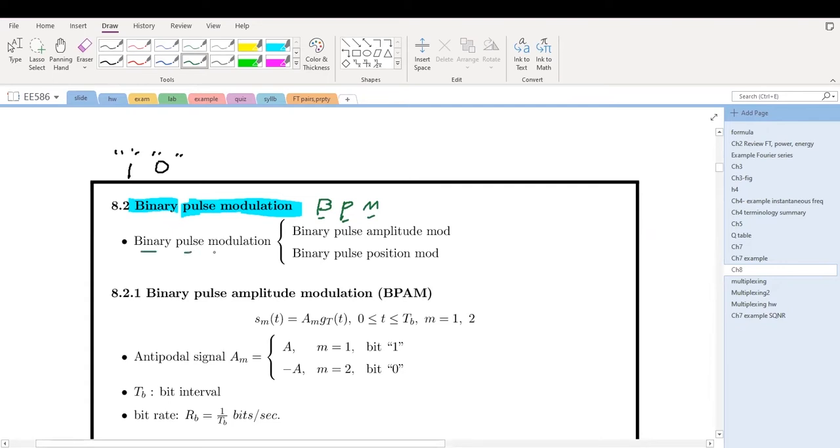And binary pulse modulation can be achieved by amplitude modulation or by position modulation. These are two typical methods to achieve binary pulse modulation. Now let's look at the binary pulse amplitude modulation. It's a BPAM, which has this format.